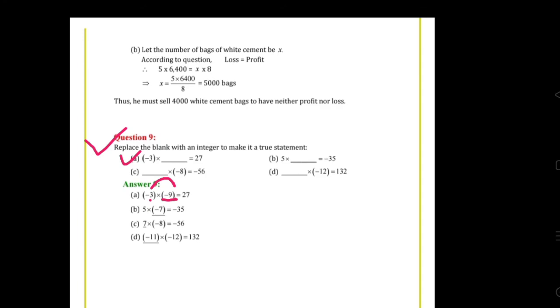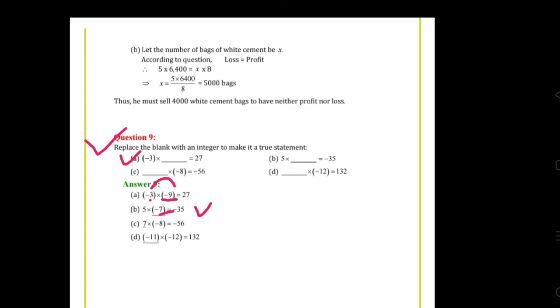Now next, B: 5 × blank equals -35. So 35 is given, so 5 × 7, but it becomes negative. So the value we put in the blank is -7. Next, C: blank × (-8) equals -56. So it becomes 7.